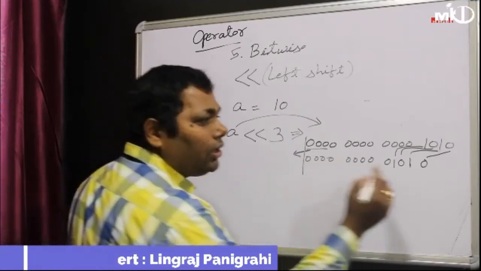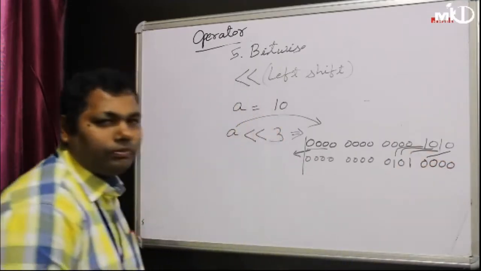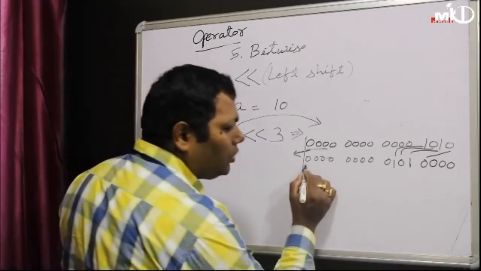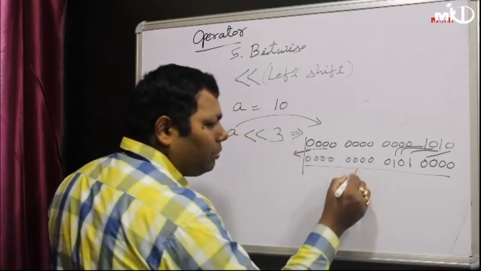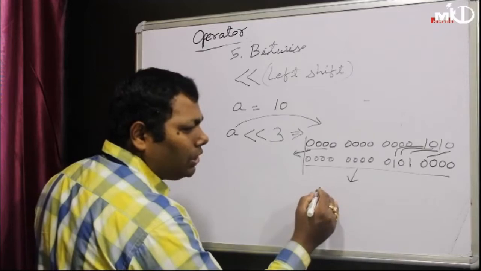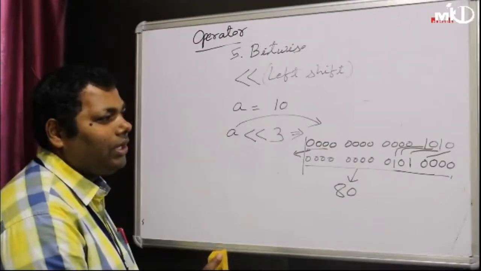Okay? And the right side 3 bits are filled with 0. Clear? Now find out the value of this one. By converting this binary value to decimal, it becomes 80. So you understand the left shift?